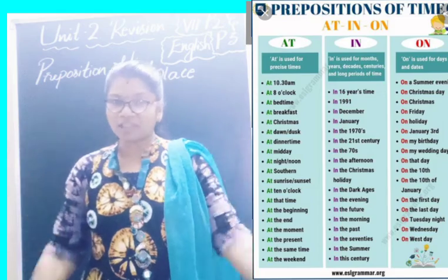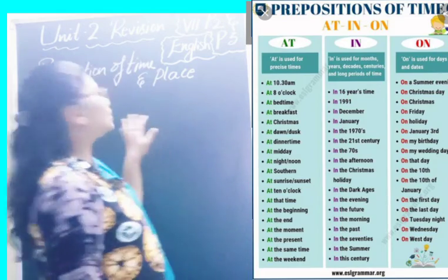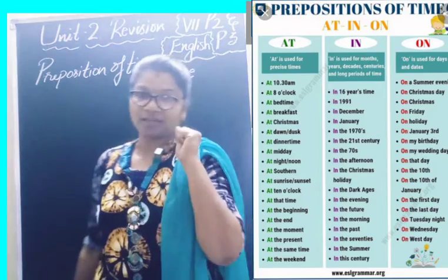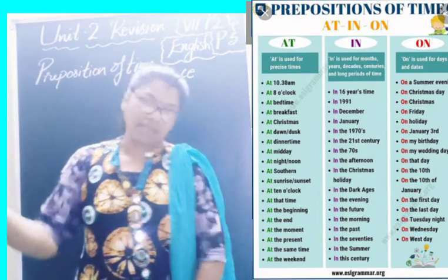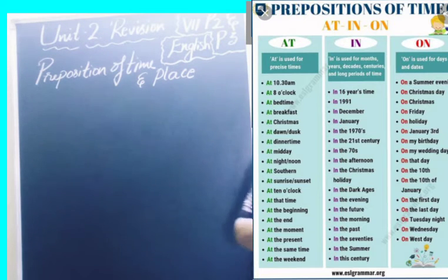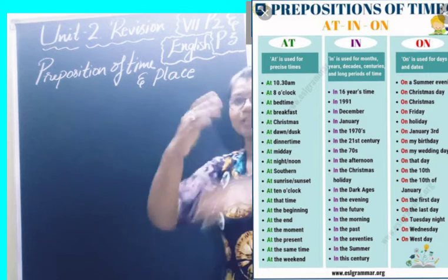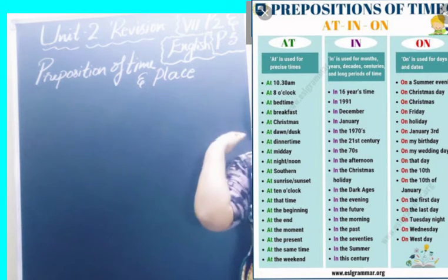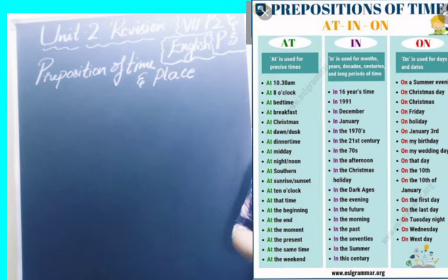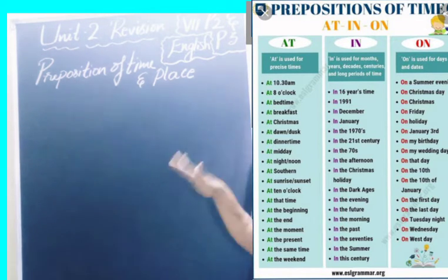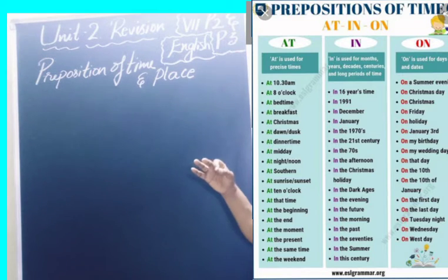Among these 8 parts of speech, preposition is one of them. Examples of prepositions you know: on, in, at, before, behind, on top of, at the bottom, in front of, behind, before, after. All these are prepositions because they point out the placements of a noun.